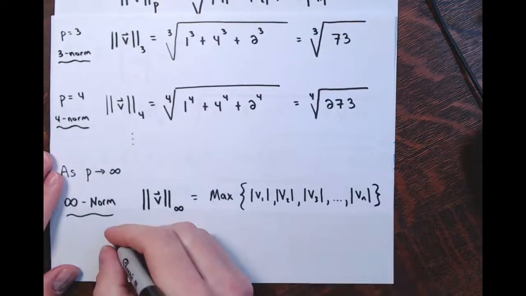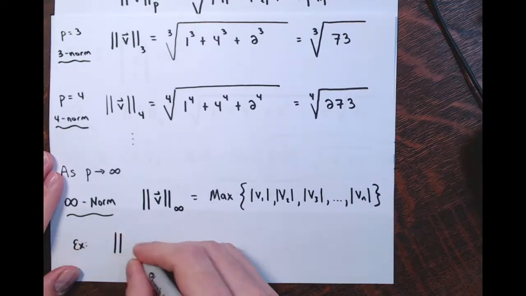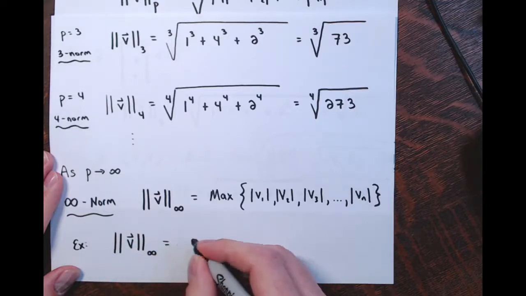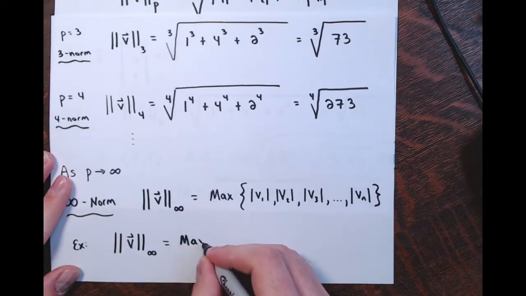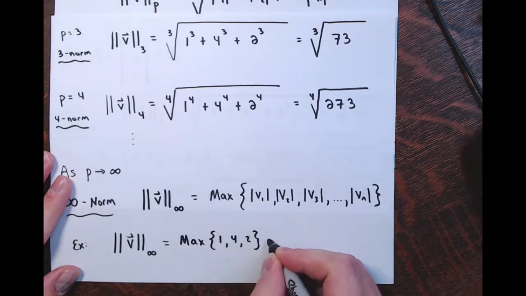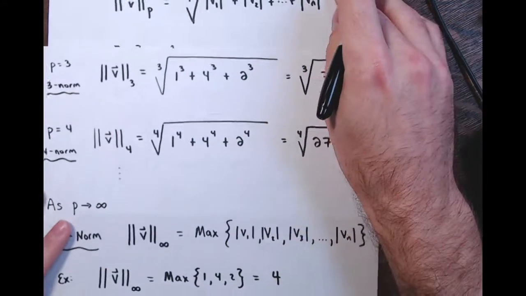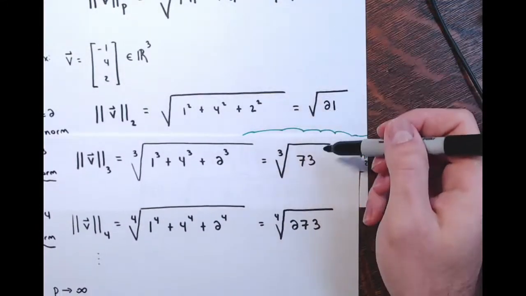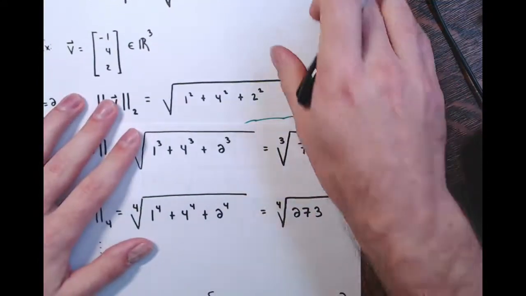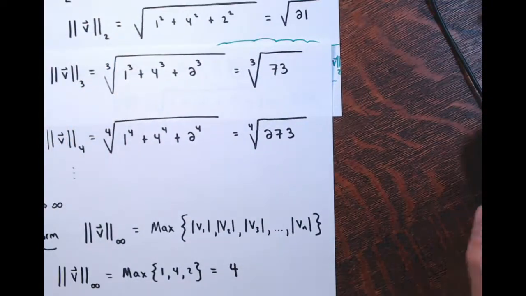So for this example, the infinity norm of v would just be the maximum value of 1, 4, and 2, which would just be 4. Let me show you that when I do the 2 norm, the 3 norm, the 4 norm, the 5 norm, these values have a limit. They will approach 4. So I'm going to pull my calculator up.